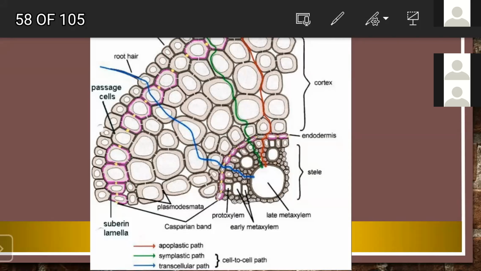And this energy is used to actively pump mineral salts from the soil into the root hairs, so that there is a higher concentration of the mineral salts in the root hairs compared to the soil, so that water can now move from the soil into the root hairs by osmosis.